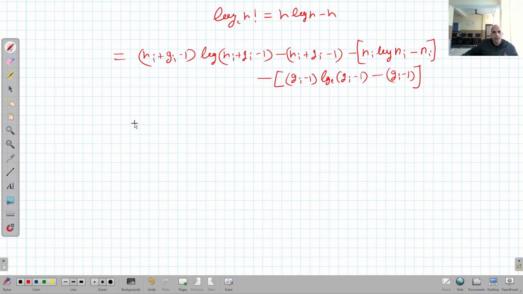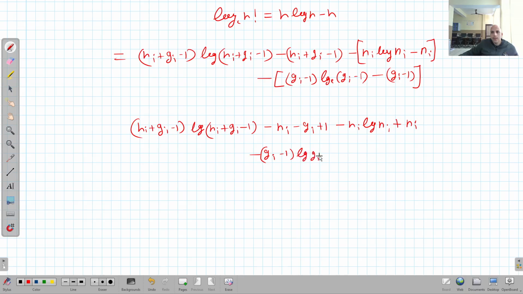So it is (Ni plus Gi minus 1) log of (Ni plus Gi minus 1) minus Ni minus Gi plus 1 minus Ni log of Ni plus Ni minus (Gi minus 1) log of (Gi minus 1) plus Gi minus 1.